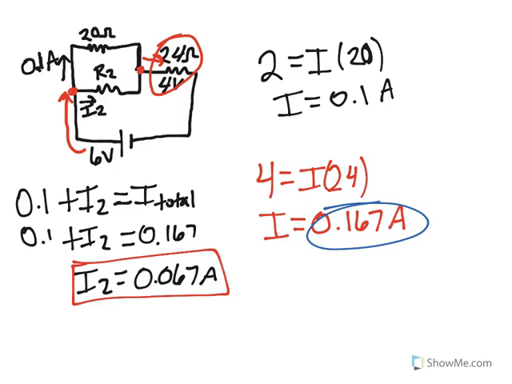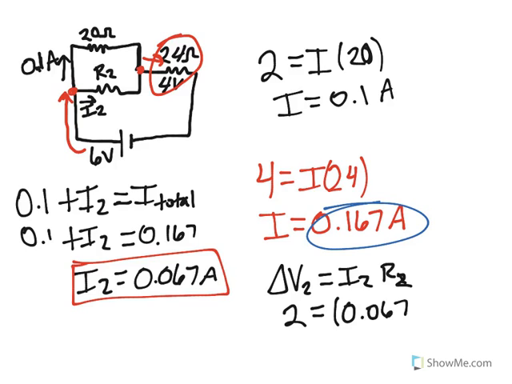Now how do I find R2? Well, delta V2 is equal to I2 times R2, and let's fill in what we know. We found earlier that the potential drop across R2 was 2 volts. My current is 0.067, so I can easily solve for my R2.